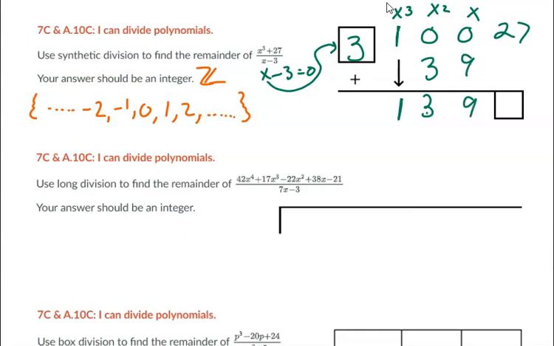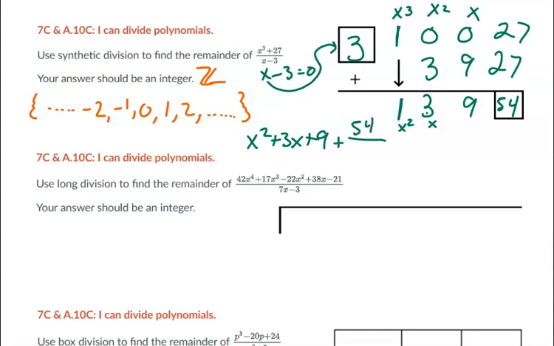And then 3 times 9 is 27. And then we get 54. So our quotient would be x squared plus 3x plus 9, and then our remainder is 54.